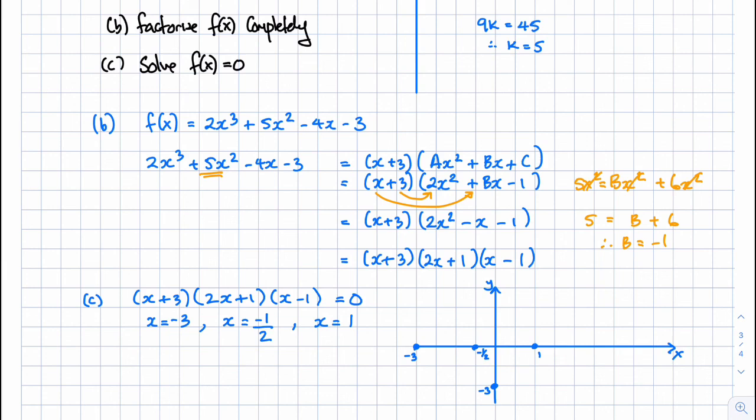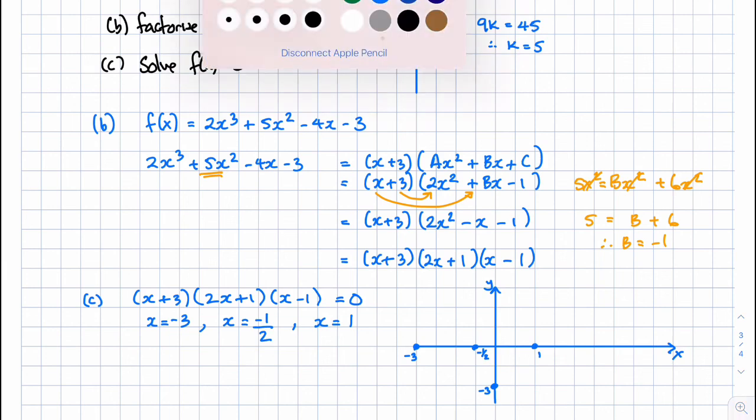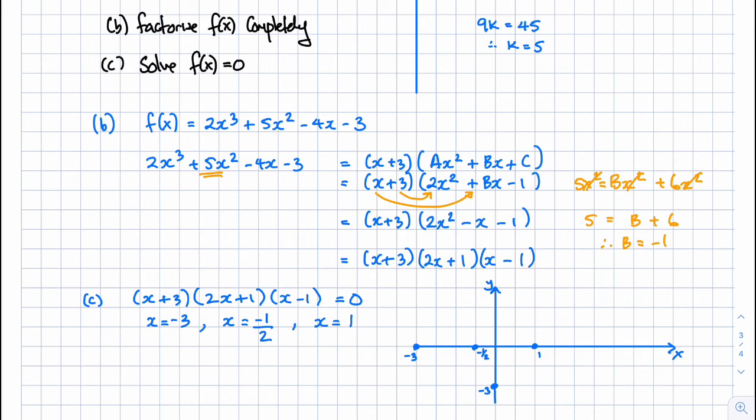Okay, so we're just going to draw ourselves a small sketch of this cubic. It should look something similar to the following. Okay, so this is what your cubic polynomial will look like.